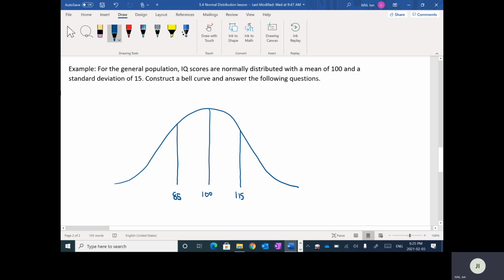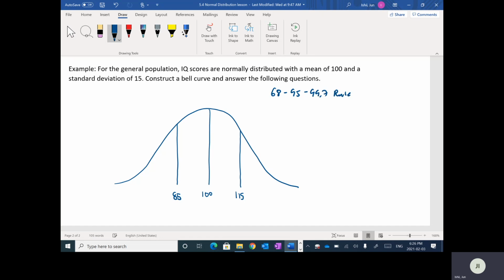Basically what I did here is I just added 1 standard deviation to it, and I subtracted 1 standard deviation. So from 85 to 115, that's within 1 standard deviation of the mean. So 1 standard deviation on both sides. Now the rule was it's 68%. So I'm just going to write the rule here: 68, 95, 99.7 rule.